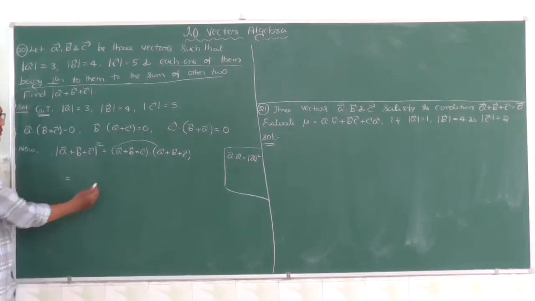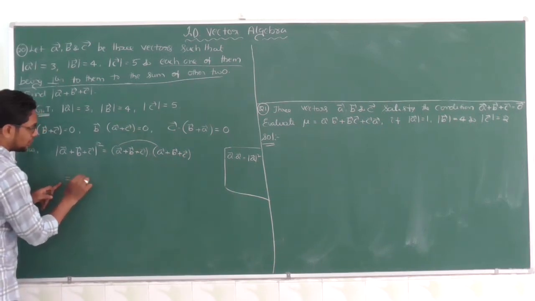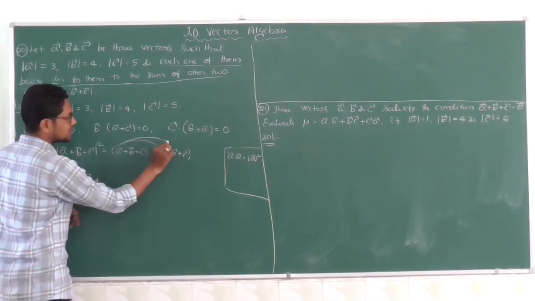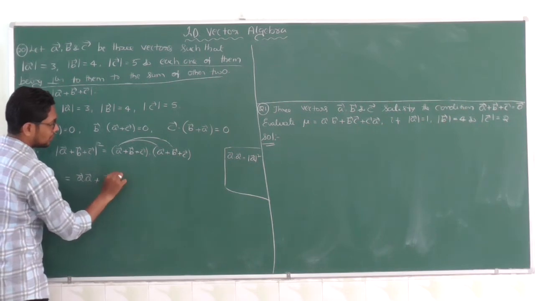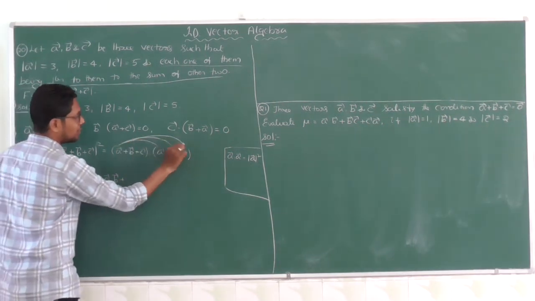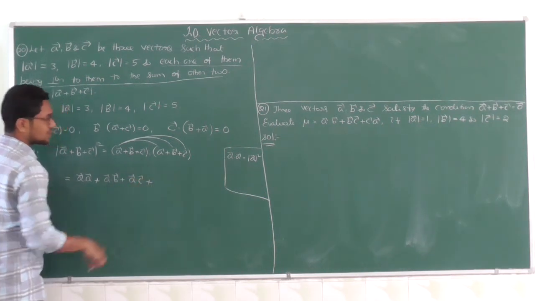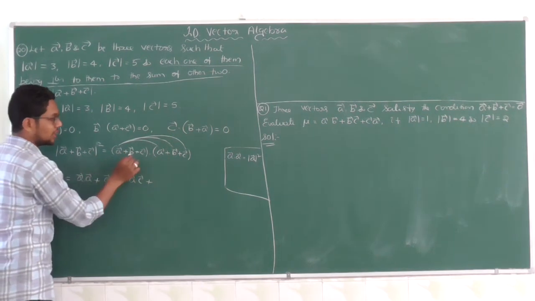Equals A dot A plus next term A dot B plus next term A dot C plus next term. Multiplying the A vector is over.